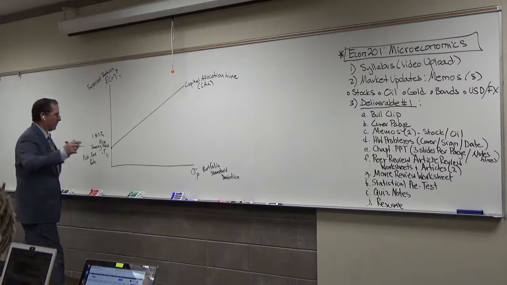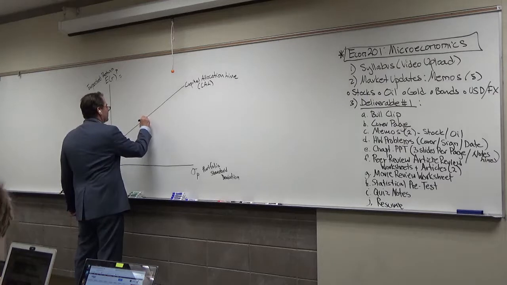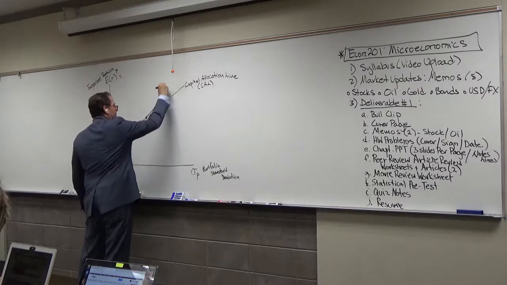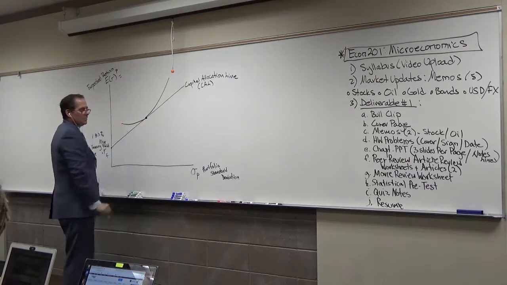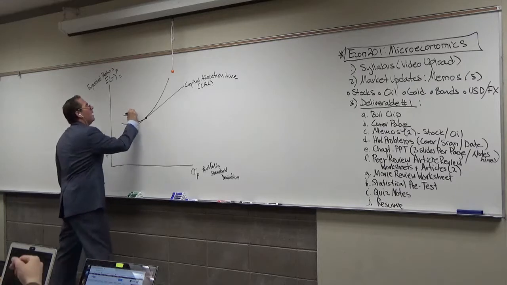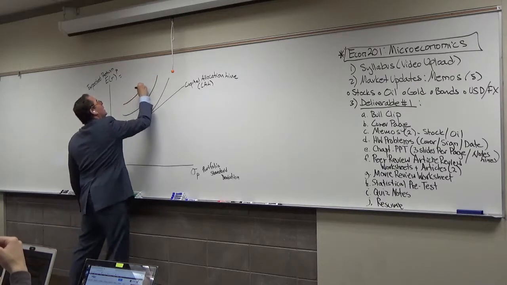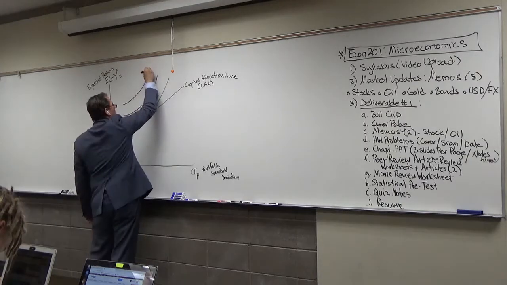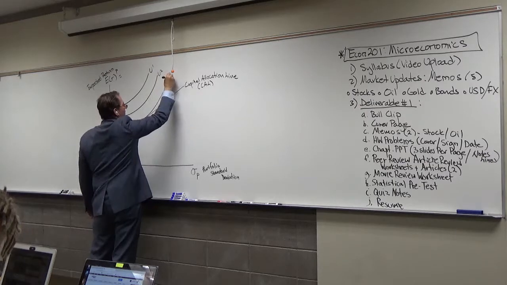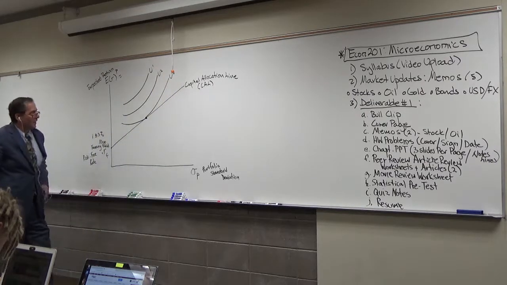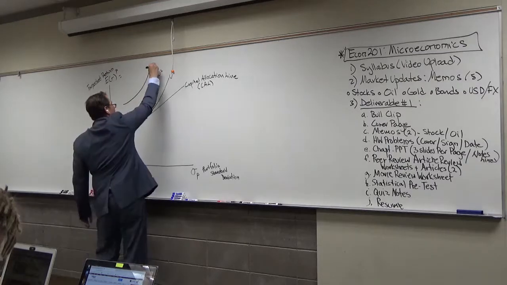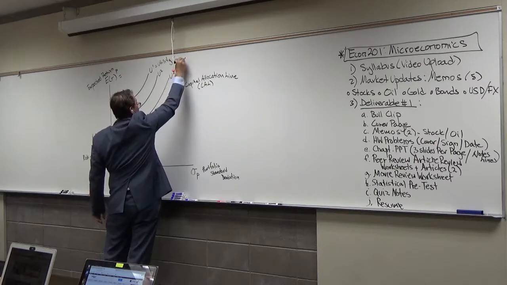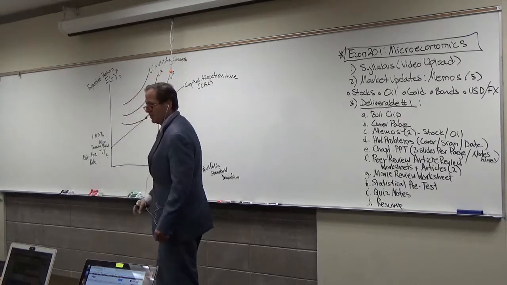Then what I would do is go right here, put a dot right there, and then go like this, like that, and like that. These are called utility curves.